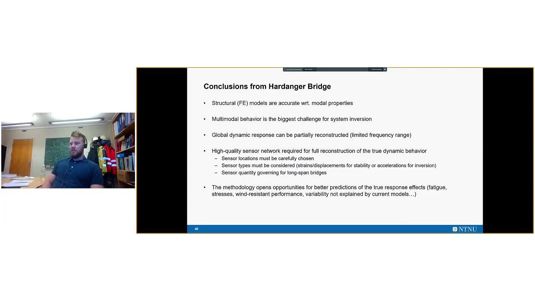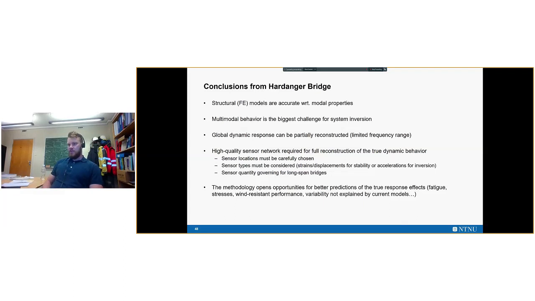When it comes to the identification of the forces, we see that the global multimodal behavior is the biggest challenge for system inversion. So a system with many modes will always be very difficult to apply the force identification algorithms to.